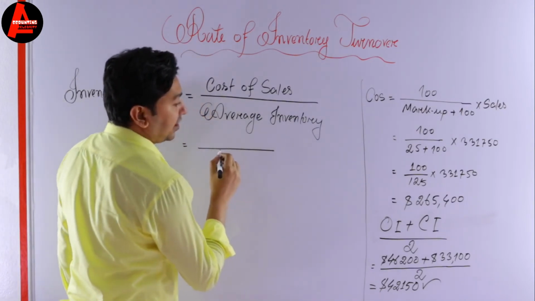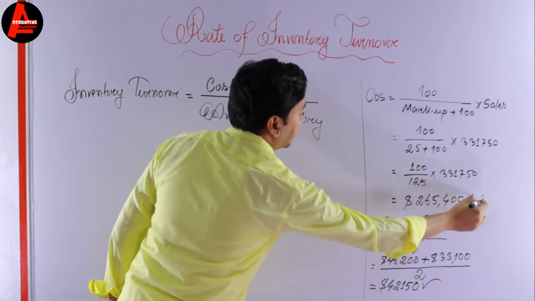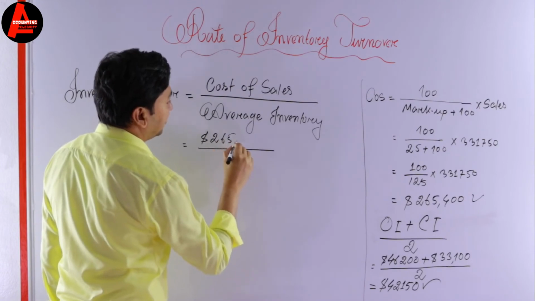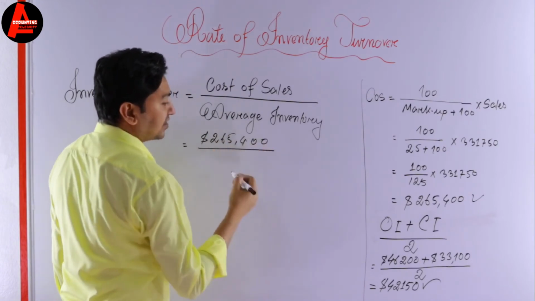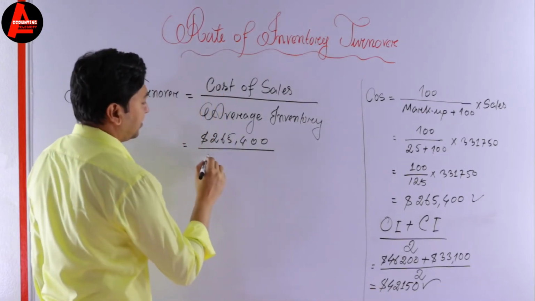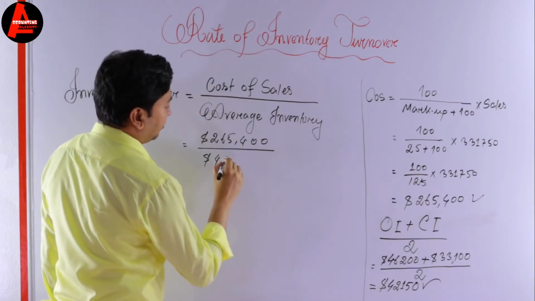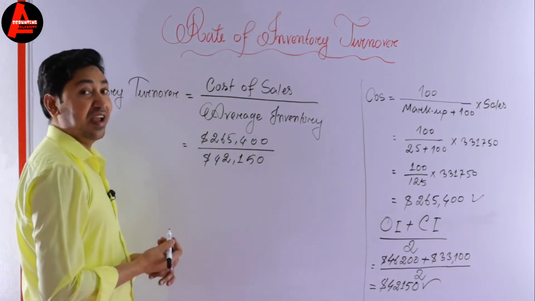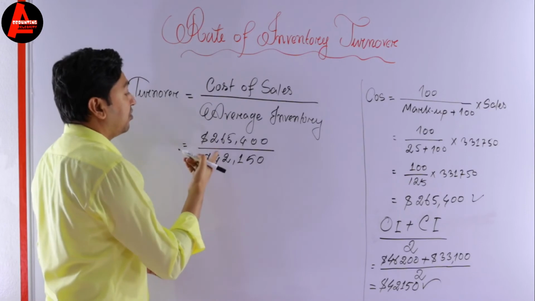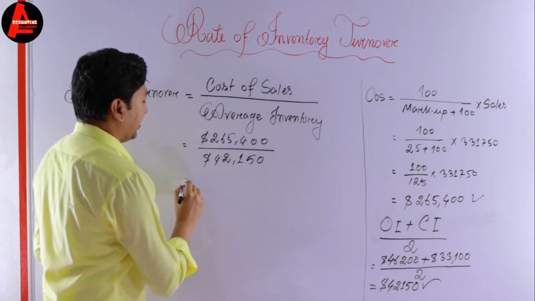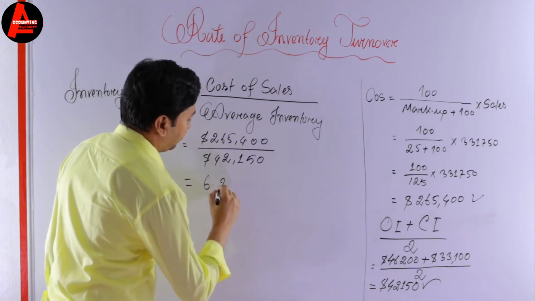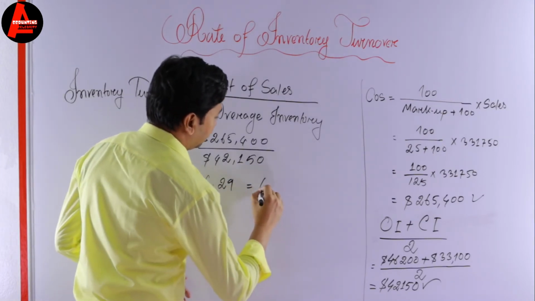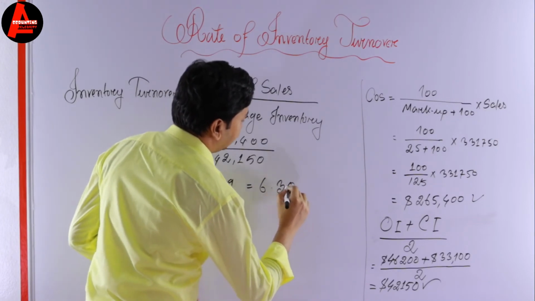Now let us write the values here. Cost of sales we calculated is $265,400 and the average inventory is $42,150. If we divide this value by this, we get 6.29, so we can round it up to 6.30.